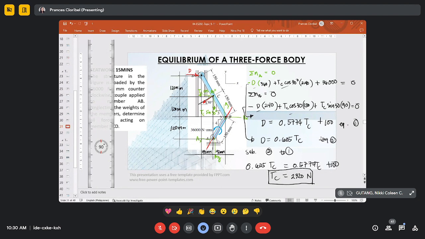Careful, the moment given is in N·mm, so it should be N·mm consistently. And then for your D, substituting here, it is equal to 1440 newtons.